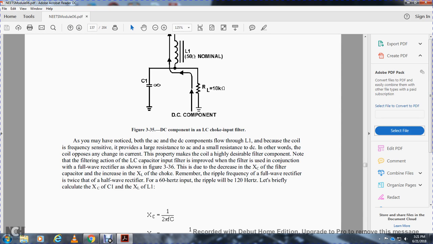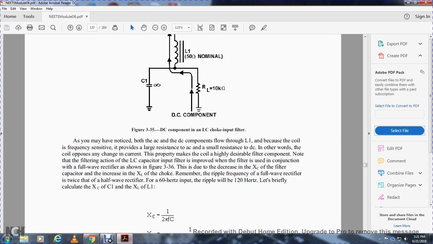The filter action of the inductor capacitor input filter improves the filtering when used in conjunction. The full wave rectifier is shown in figure 336. Remember, the ripple frequency for the full wave rectifier is 120 Hz, and for the half-wave rectifier it is 60 Hz.